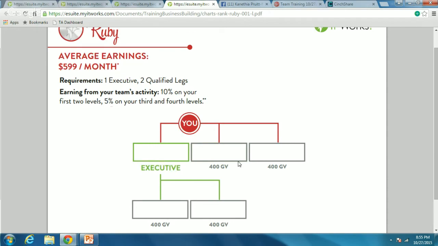So even if your GV, which means group volume, like we see right here, let's say it's 4,000, you personally only have 112 in orders, but you didn't run an auto shipment, you're not going to get paid on any of that 4,000 GV under you because you're not commissions qualified.